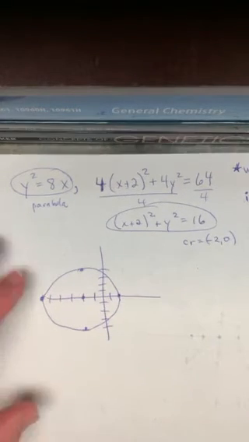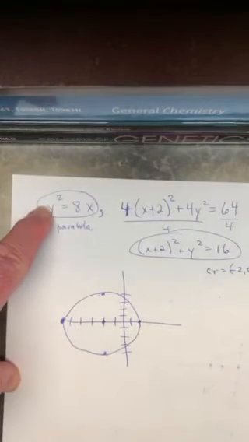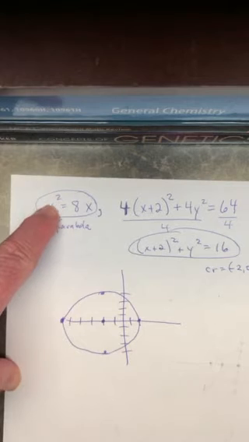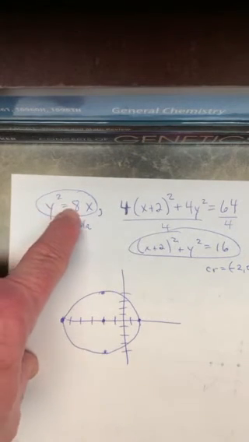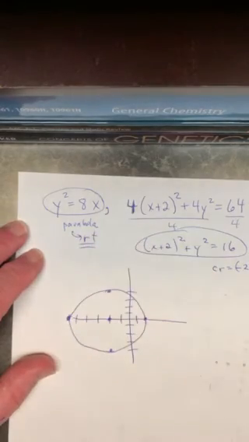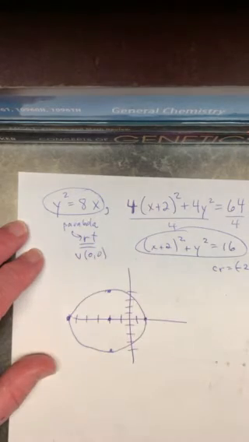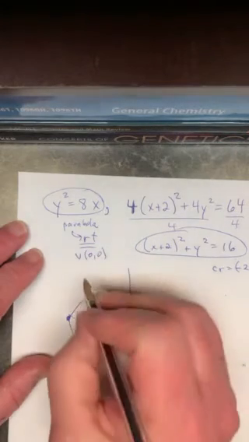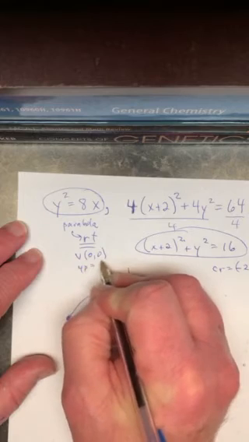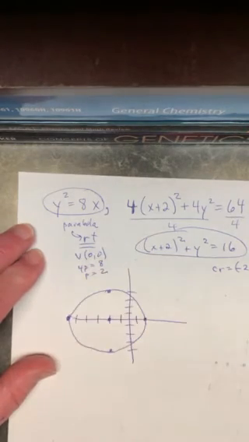Okay? The parabola, let's think back to yesterday. If it's the y that's squared, that means it opens either what, left or right? This is a +8. It's a parabola pointing to the right, whose vertex, of course, is (0, 0). And if I take 4p and set it equal to the number 8, it's pretty obvious p would be 2.